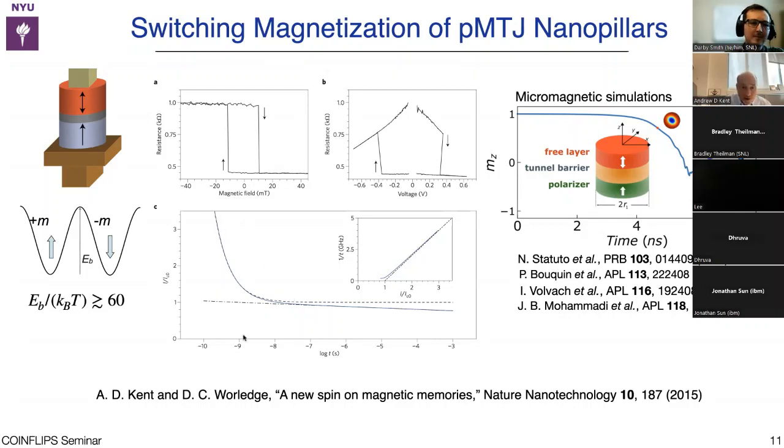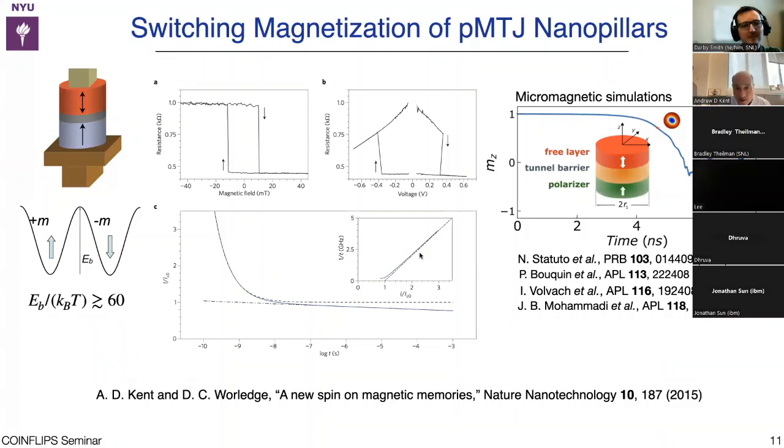And the blue line represents the probability of switching half the time. So as you go to nanosecond pulses, you can see you require more and more current or more voltage to switch the device. And this is the so-called ballistic regime. This is the limit in which most of the angular momentum in the current, or a large fraction of it, is going into the magnetic layer to reverse it. If you plot the current versus 1 over the pulse time, you get a straight line.